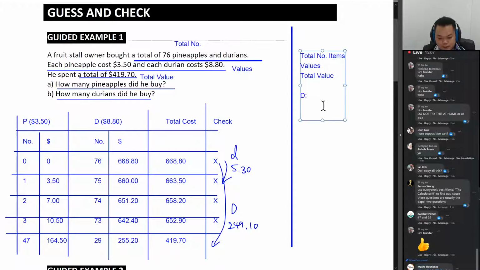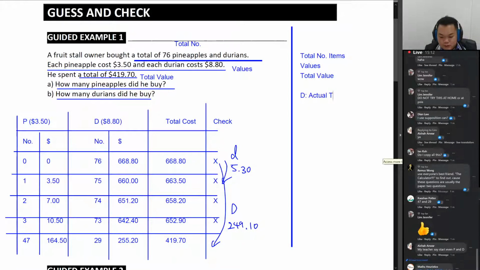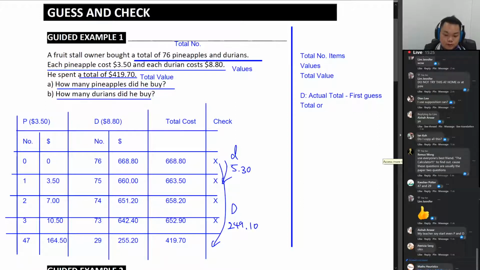But in layman terms, just think of it as actual total minus the first guess total. Or if your actual total is smaller than the first guess total, first guess total minus the actual total. I'll try to keep it in plain English. I'm trying not to use jargon over here.